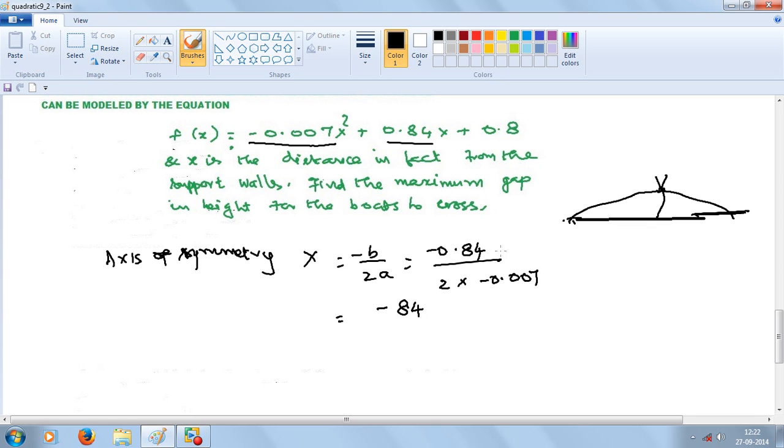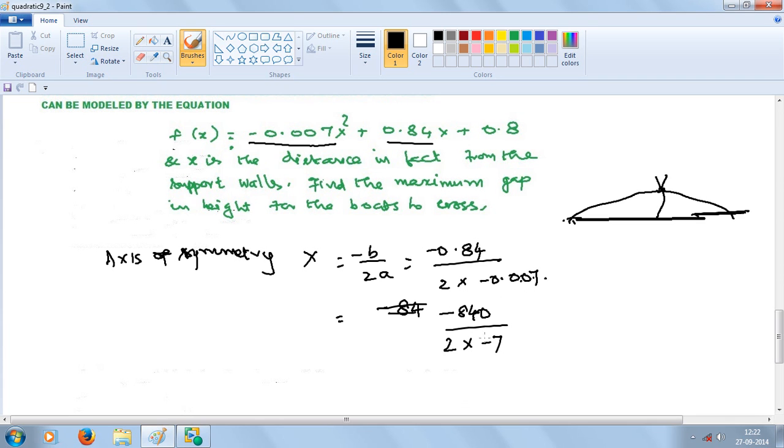If you multiply by 1000, it becomes 840. So I will make it minus 840, and multiply and divide by 1000. Multiplying 0.007 by 1000, it becomes 7. So it is divided by minus 7.